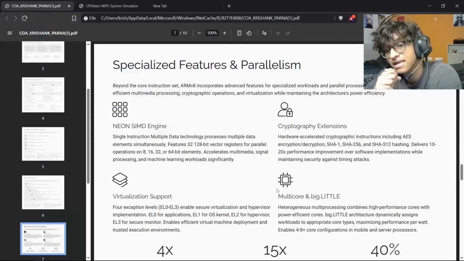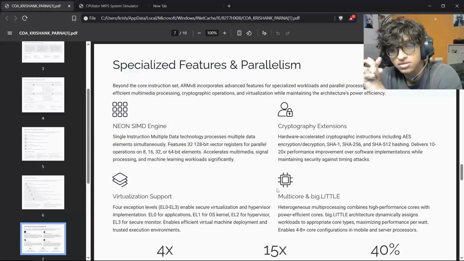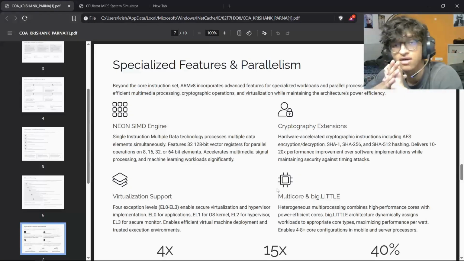Multi-core and big.LITTLE: heterogeneous multiprocessing combines high-performance cores with power-efficient cores. The big.LITTLE architecture dynamically assigns workload to appropriate core types, maximizing performance per watt. It enables 4 to 8 plus core configurations in mobile and server processors.